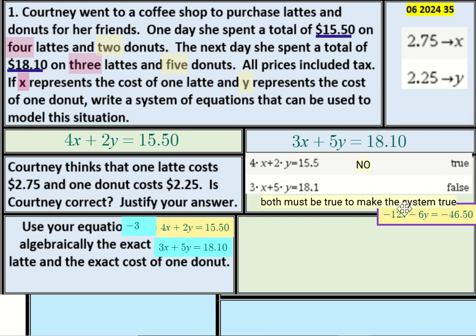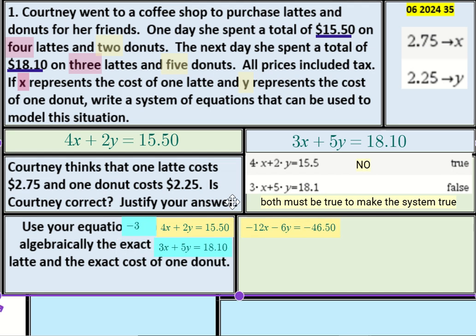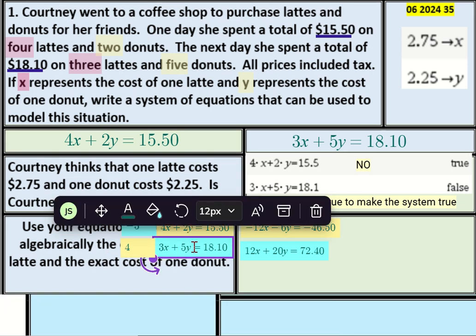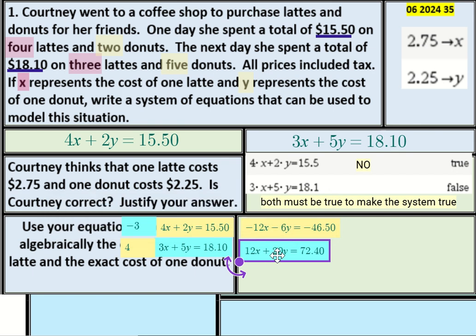So when I distribute that negative 3, times 4 is negative 12. Negative 3 times 2y is negative 6y. Negative 3 times 1550 is negative 4650. Now I can do the same thing by distributing 4 to the next equation. So 4 times 3x is positive 12x. 4 times 5y is plus 20y.